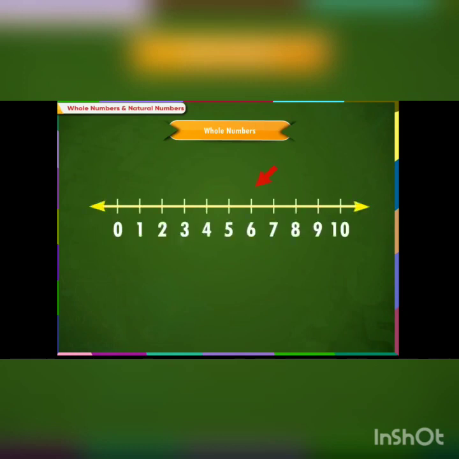So, the number 0 together with the collection of natural numbers is called whole numbers. In this number line, we see that the number 6 is before the number 7. So, the number 6 is the predecessor of the number 7.